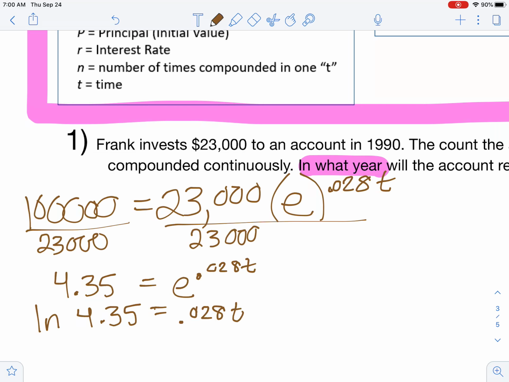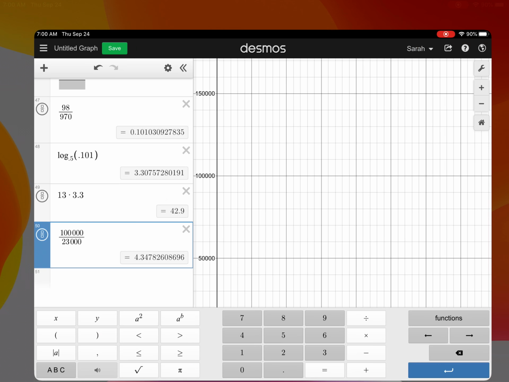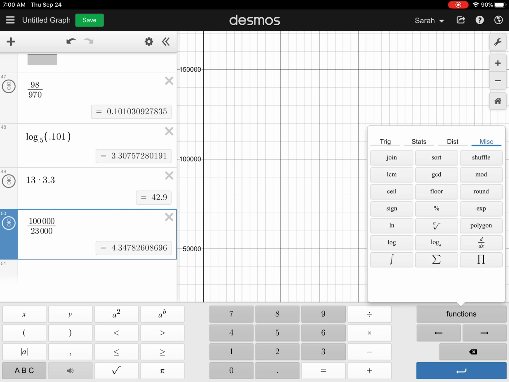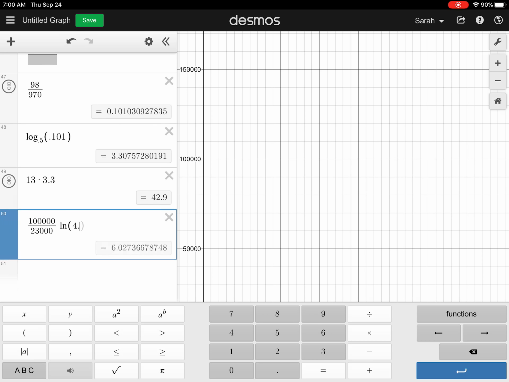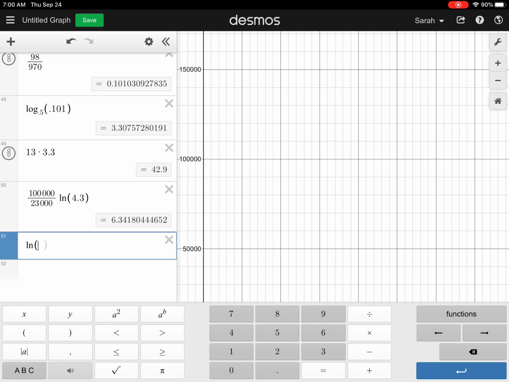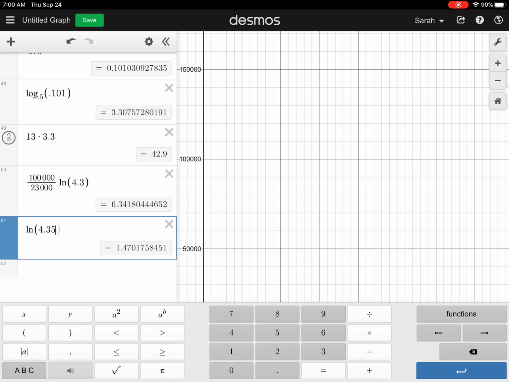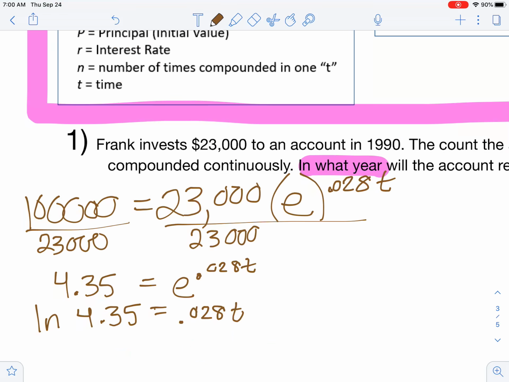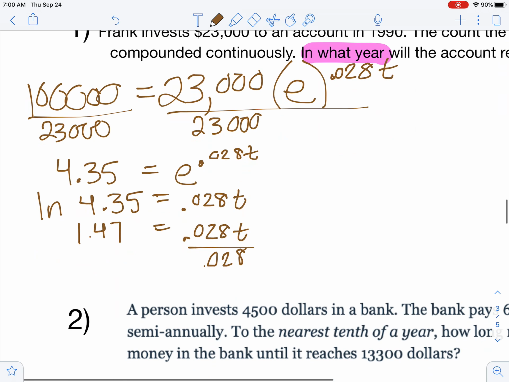Okay, so ln of 4.35 is 1.47. And now I'm finally going to get my final answer by dividing by 0.028.